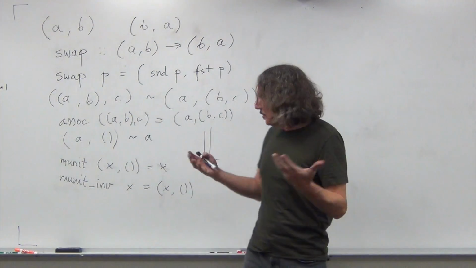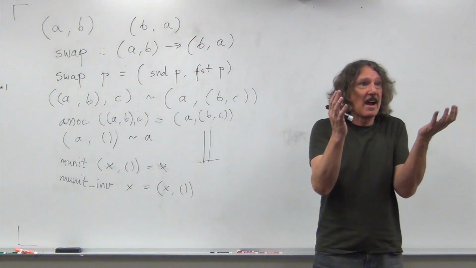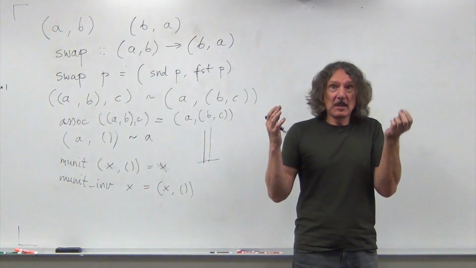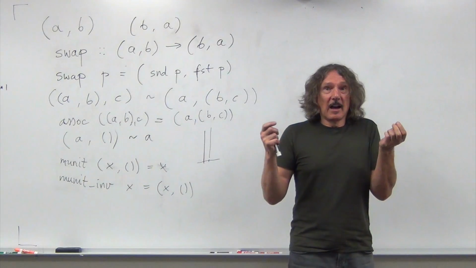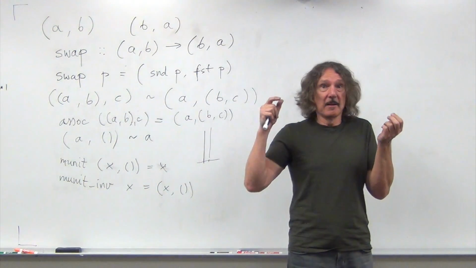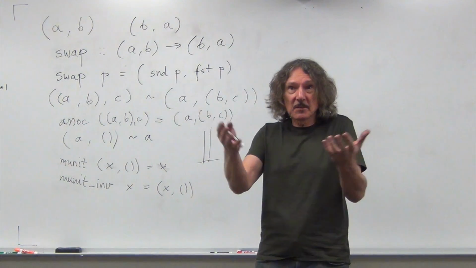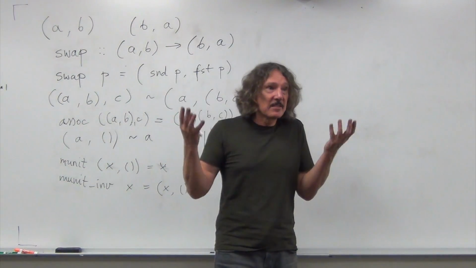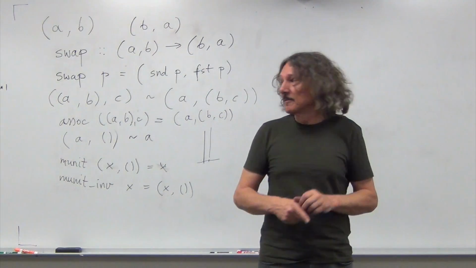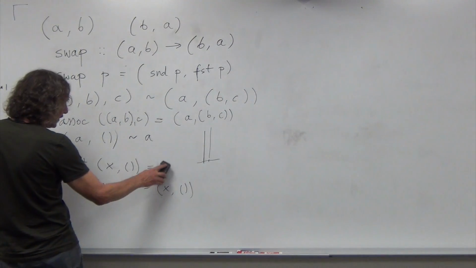So the trick is that you can always form a pair. If you give me an element of A, I can form a pair A and unit because I can always take a unit from thin air, right? And vice versa. If you give me a pair of A and unit, there's no more information there than just the first of it, right? So in fact, I could have called it first.